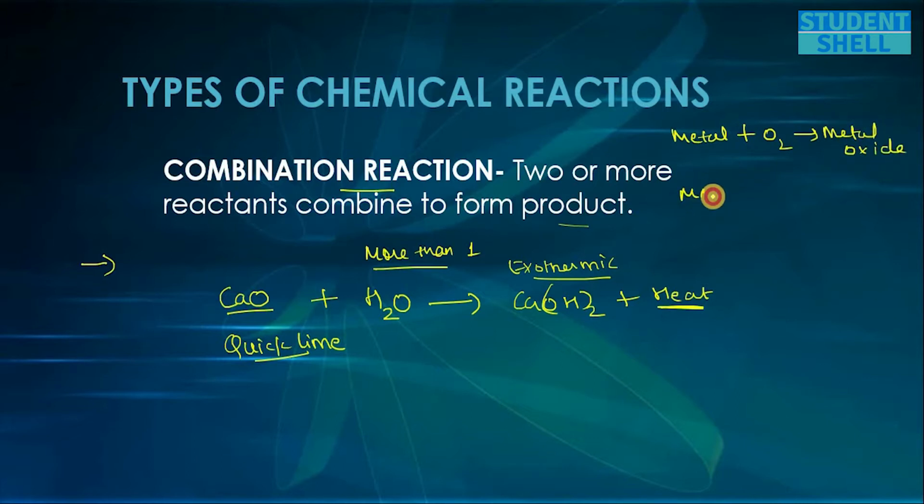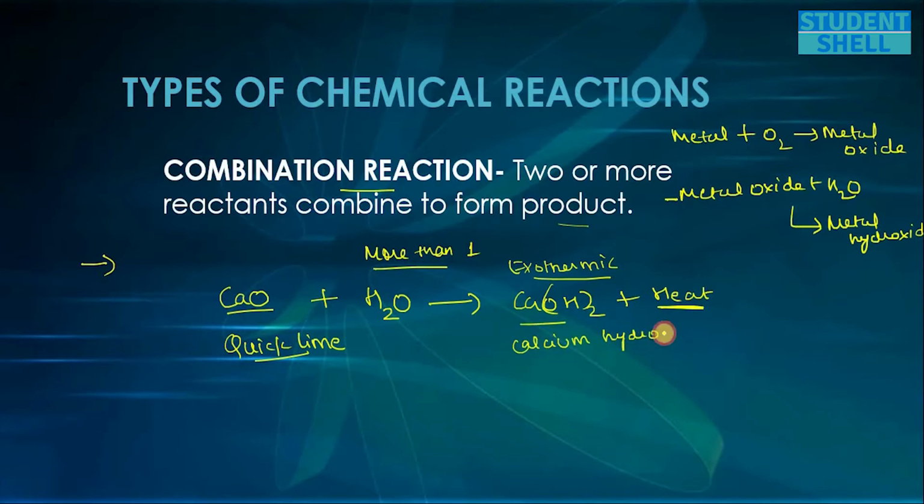And whenever a metal oxide reacts with water, it will form metal hydroxide. Now this case is of the second type of reaction, that is metal oxide reacting with water to give me metal hydroxide, that is calcium hydroxide.